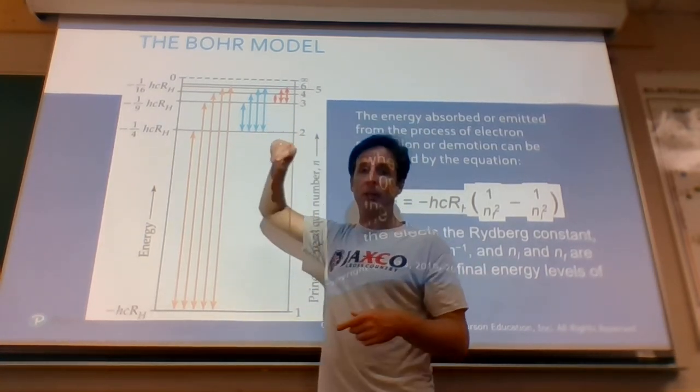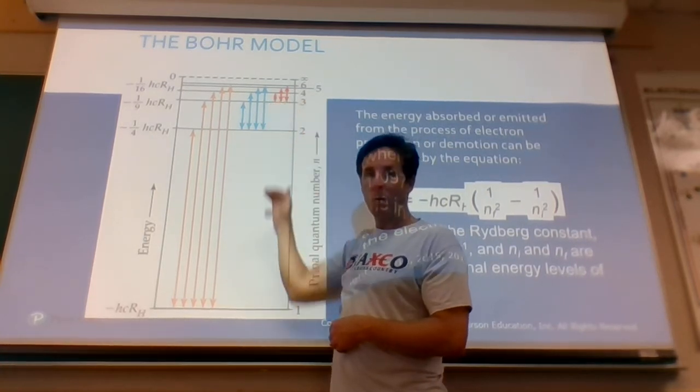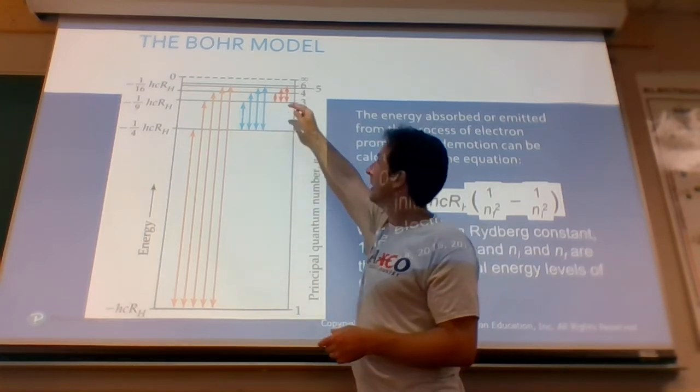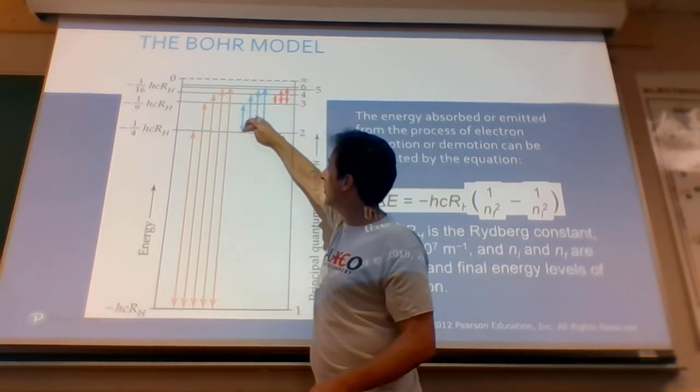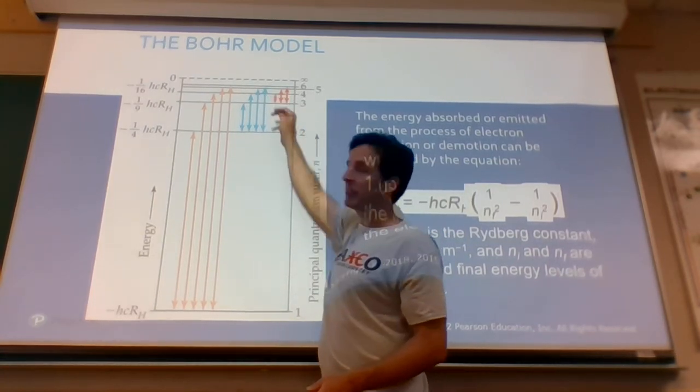When an electron jumps up to a higher orbit, it can come all the way back down, or it can do smaller steps. So we can see the electron dropping from 3 to 2, from 4 to 2, 5 to 2, and 6 to 2.